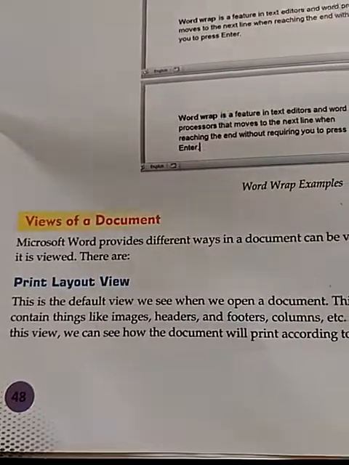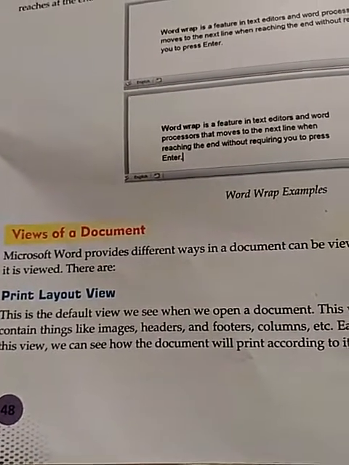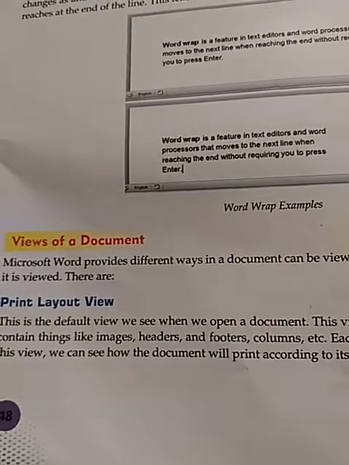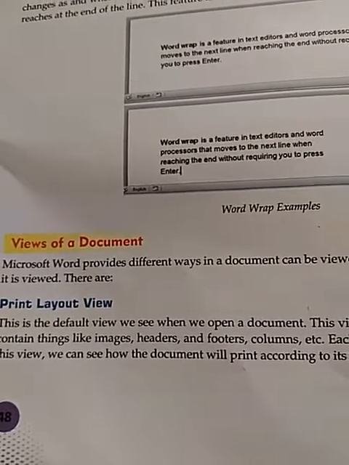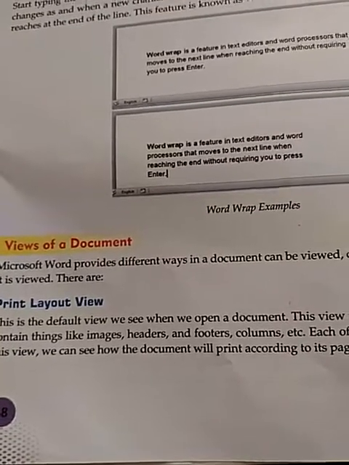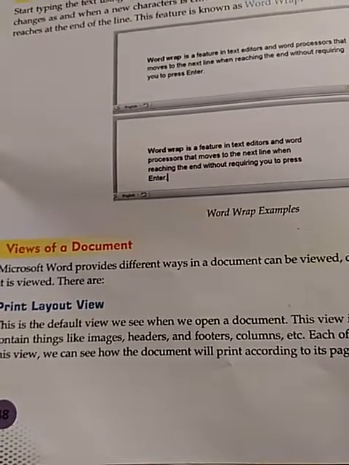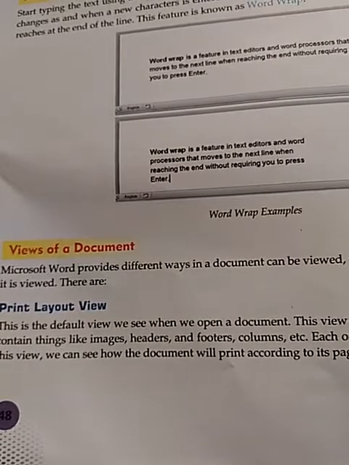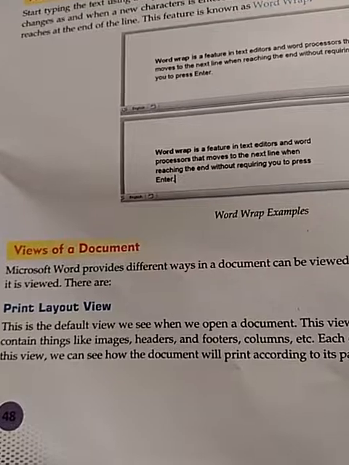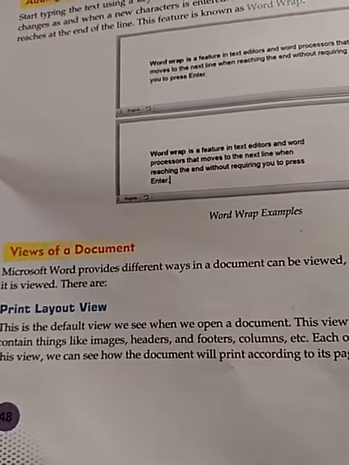Print layout view. It is the default view in which we can see the document as it will look after printing on paper. It displays the exact layout of the document and the text present in it, how they will look after being printed on the paper.